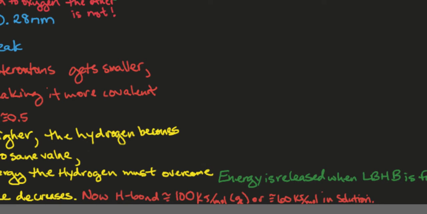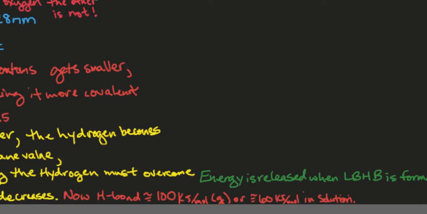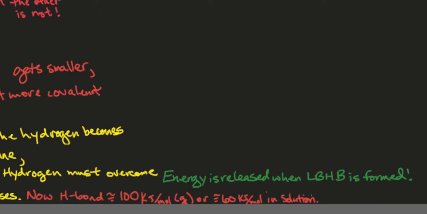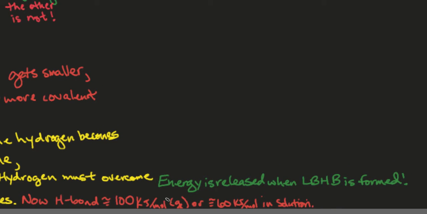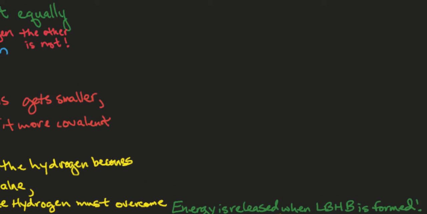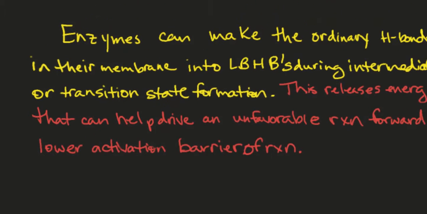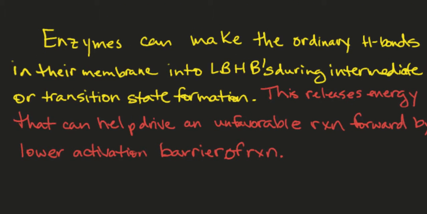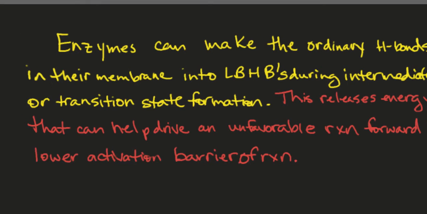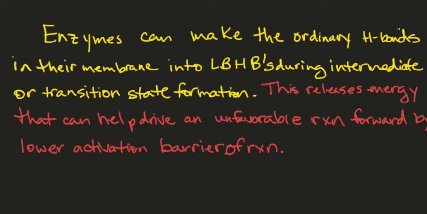Why is this important? Well, when we form these low barrier hydrogen bonds, energy is released. That is the key. So what happens to us as biochemists, we can have these ordinary hydrogen bonds that are found in the membrane switch to a low barrier hydrogen bond.